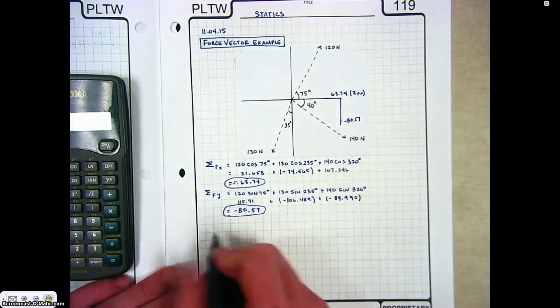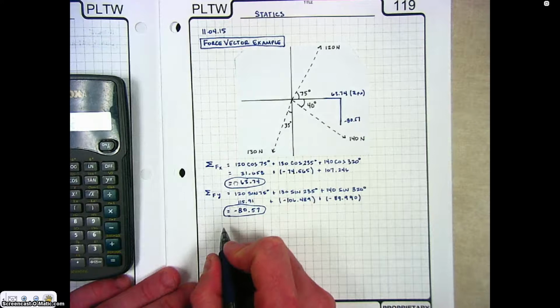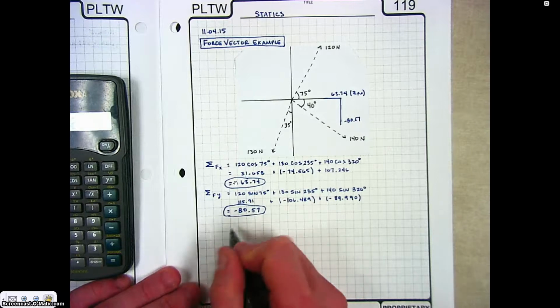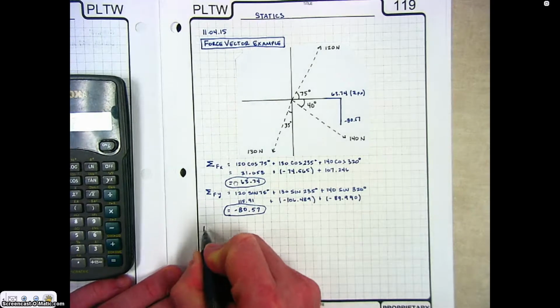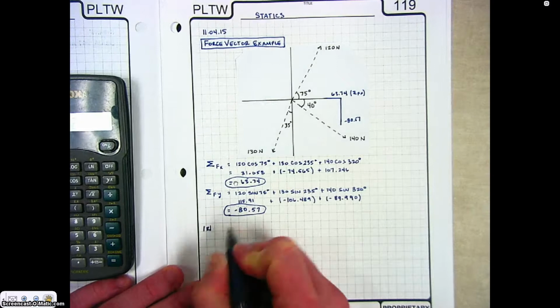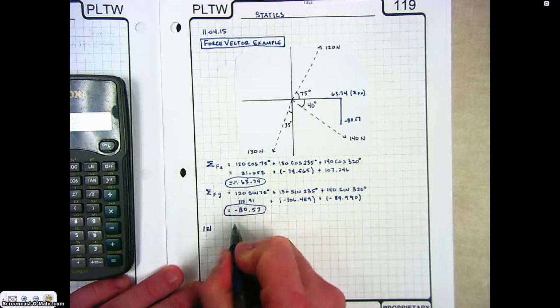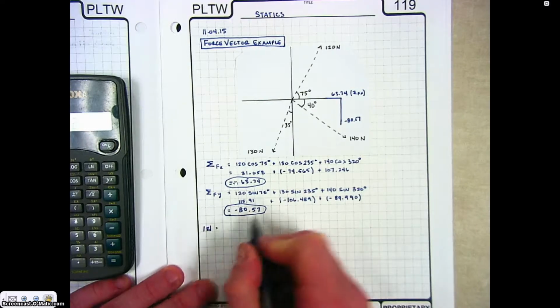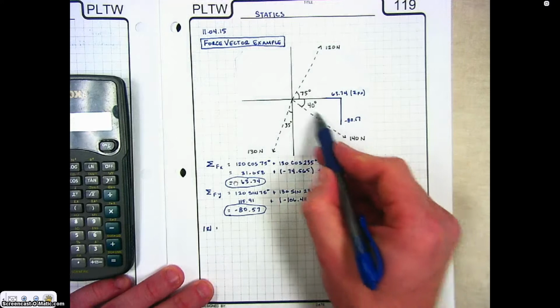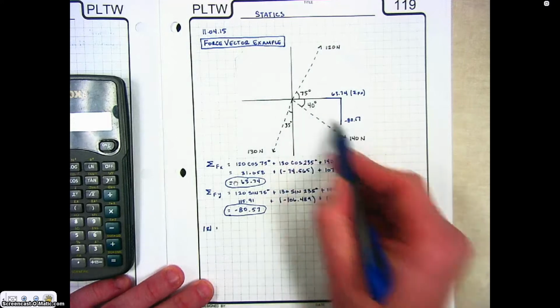Now to calculate the resultant magnitude, we are simply going to use the Pythagorean theorem. Because we have these two things, now we can calculate the hypotenuse.